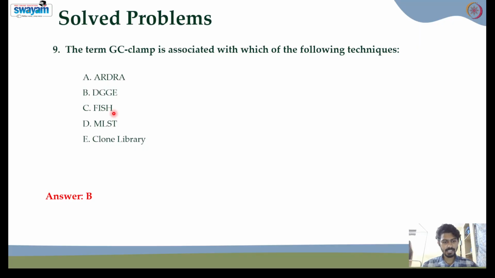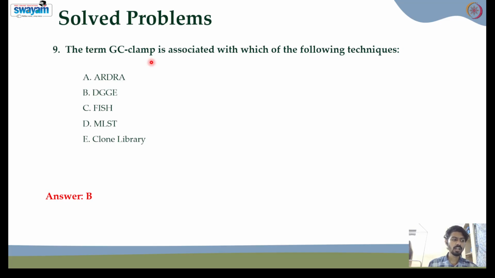The term itself tells us it is a collection of cloned DNA fragments that are inserted into a vector. So here also it doesn't correlate with the GC clamp. So the only term that GC clamp is associated with is DGGE, denaturing gradient gel electrophoresis. So yes, the answer is correct, DGGE.